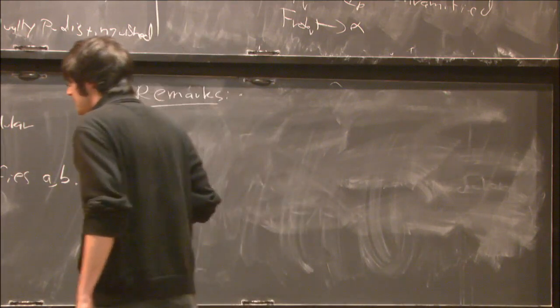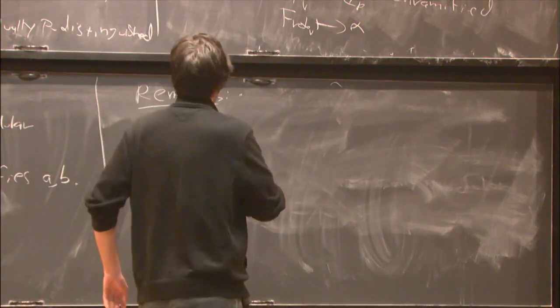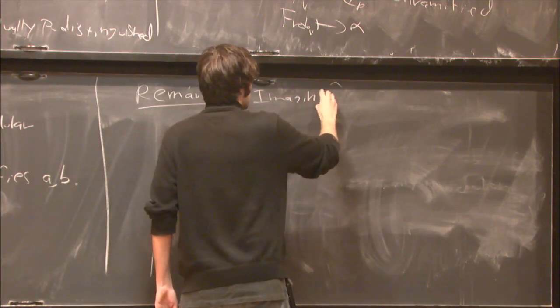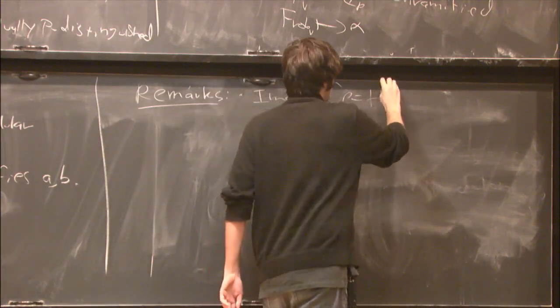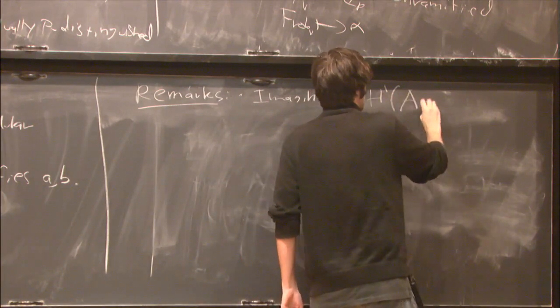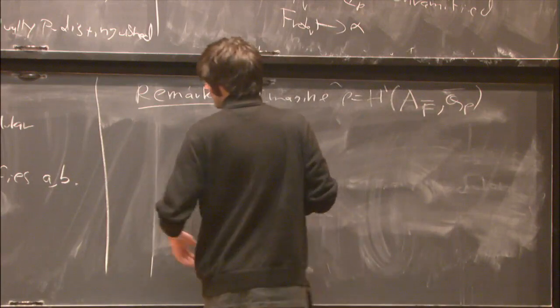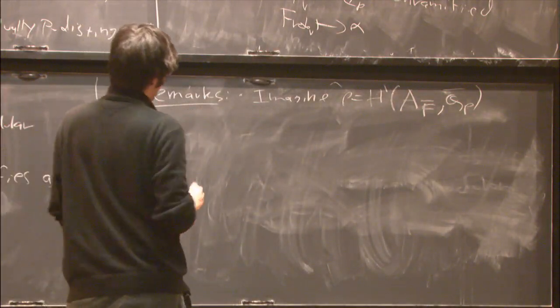OK, so you should imagine that rho is exactly the Galois representation associated to an abelian surface. And so when would these conditions be satisfied?